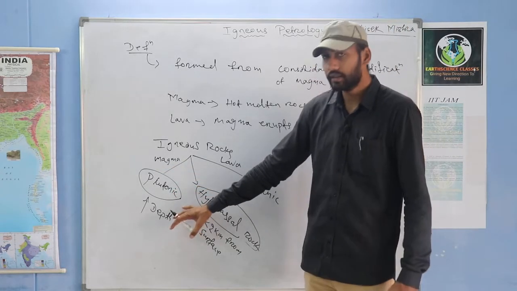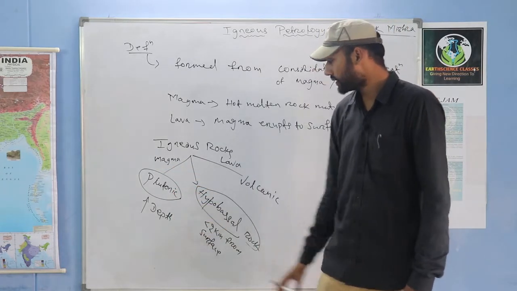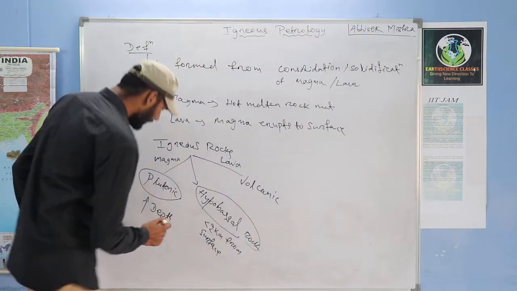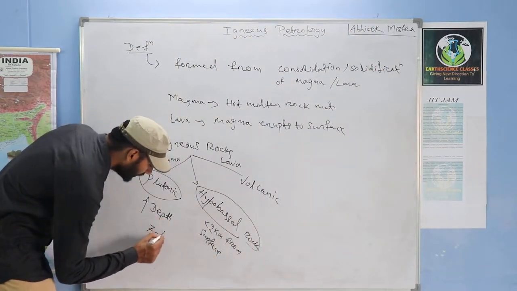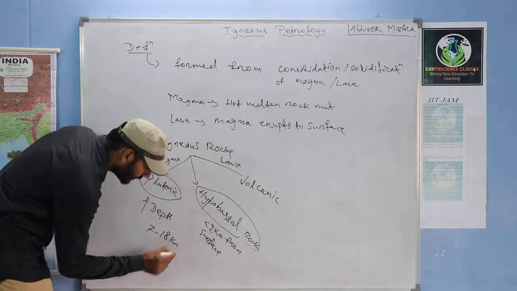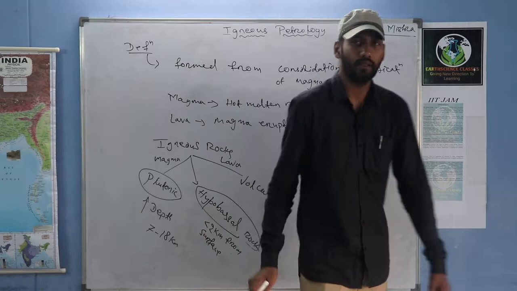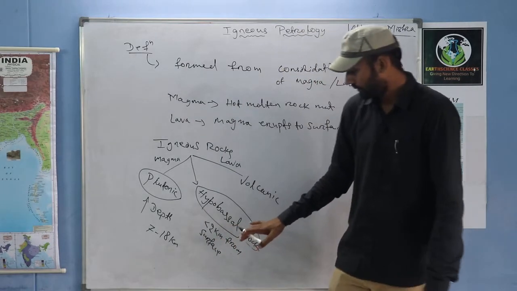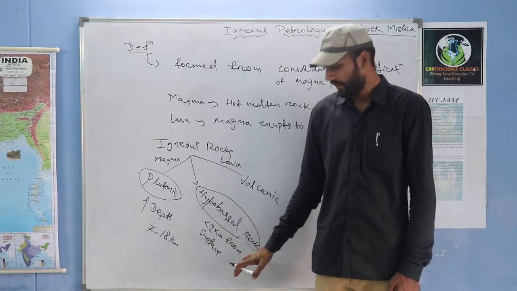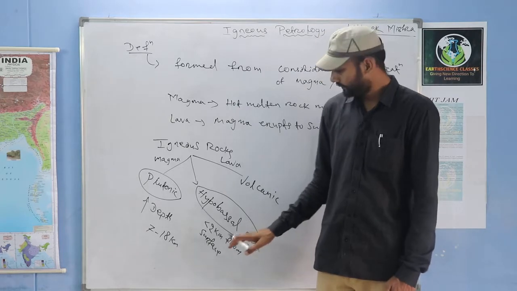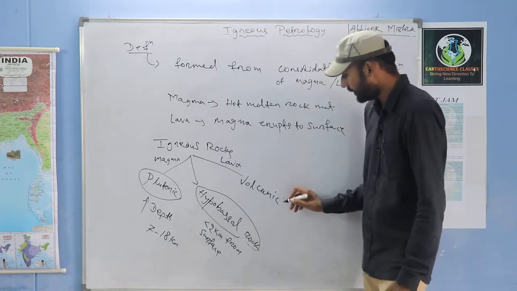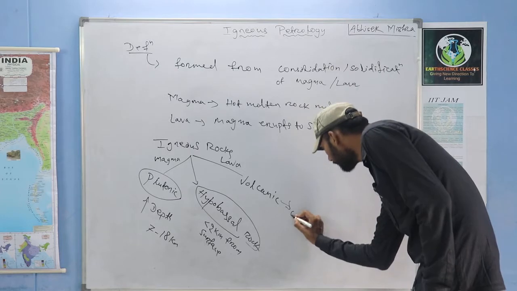But plutonic rocks occur at greater depths, like 7 to 18 km. The maximum depth can be 7 to 18 km for these plutonic rocks. These hypabyssal rocks occur from near surface to less than 2 km, right? And the volcanic rocks, they are formed at the surface.